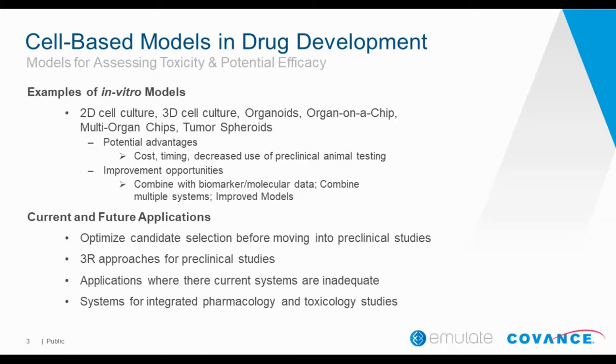Everything from traditional two-dimensional cell cultures, 3D cell cultures, bioprinted cells, organoids. Today we'll talk about the development of an organ on a chip modality, multiple organs on a chip, and even in the cancer space, tumor spheroids, to try to really understand things in cancer like tumor heterogeneity. The potential advantages of these systems are reduction in cost, potential efficiency in the timing of that assessment, and then the decreased use of animal models in the preclinical space.